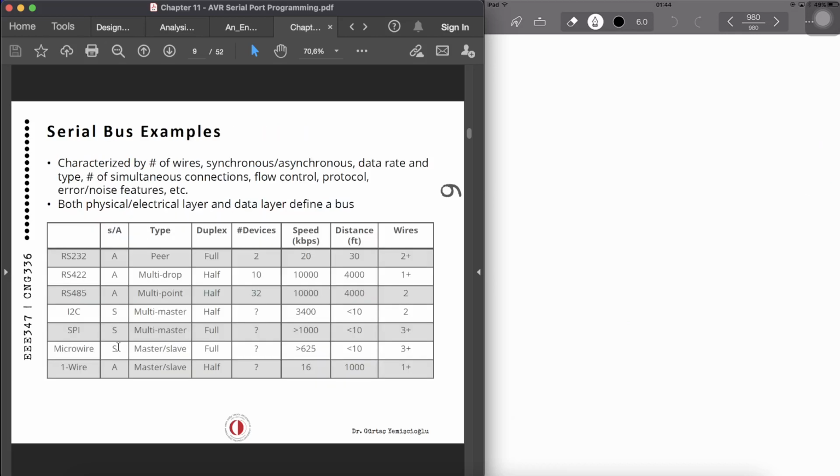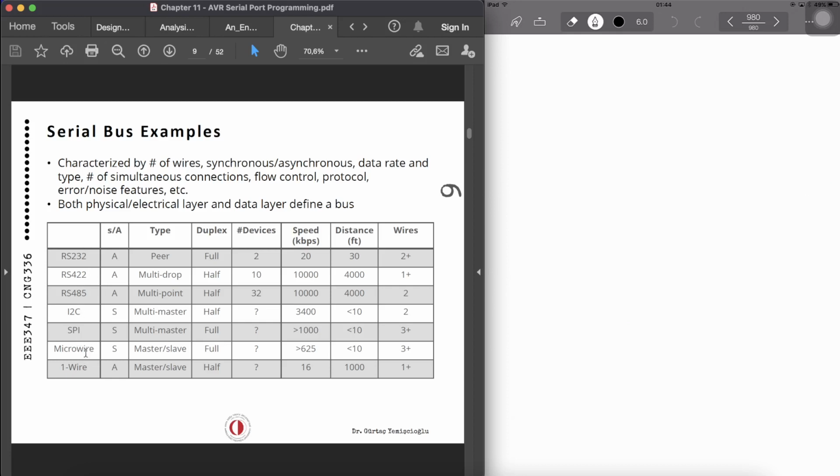Now, for data transfers, examples of serial buses, there are many of them on the market at the moment, or the protocols that we are using: RS-232, 422, 485, I2C, SPI, Microwire.